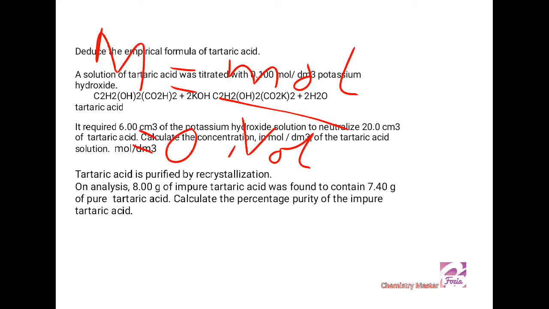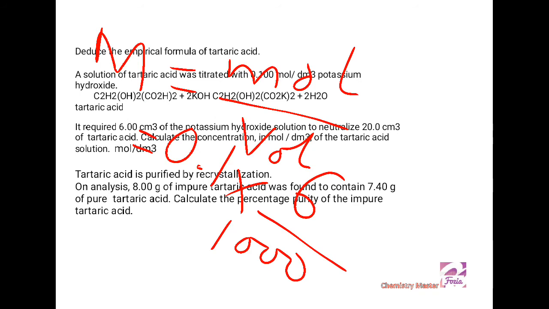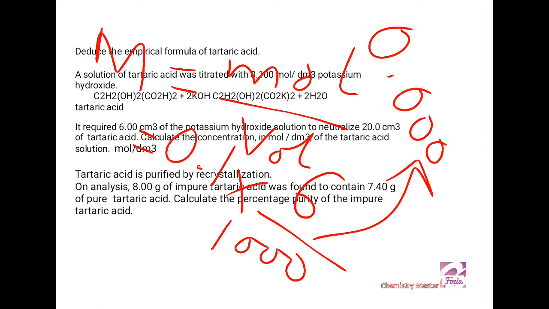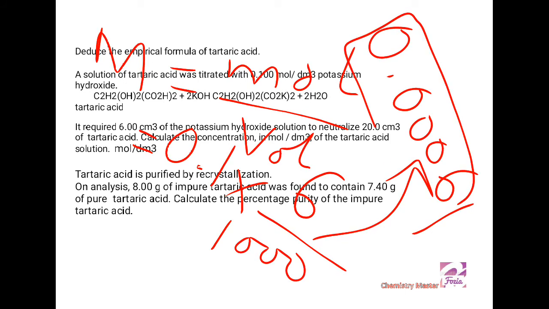That's 0.1, the known molarity, times 6 by 1000, because we have to convert it into decimeter cube. So here we are getting the answer 0.0006. These are the moles of potassium hydroxide.